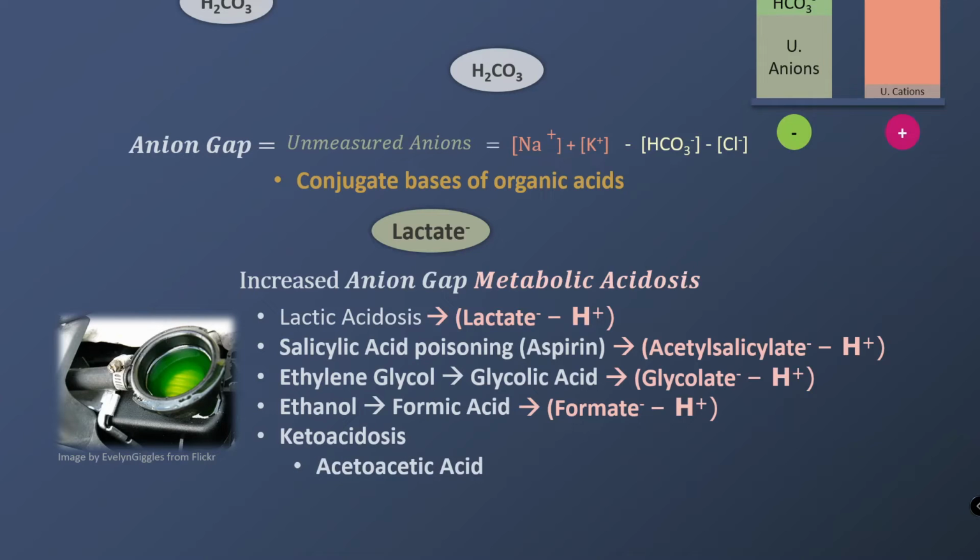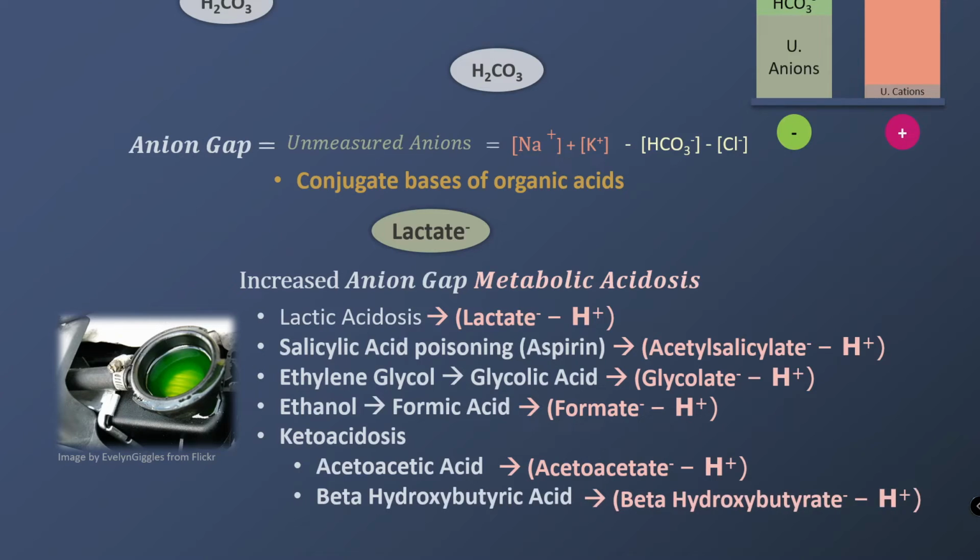So acetoacetic acid is one of the ketone bodies which will lead to acetoacetate and H positive. Acetoacetate is an unmeasured anion. Similarly, beta hydroxybutyric acid will generate beta hydroxybutyrate and proton. So ketoacidosis can be due to diabetes, that is called diabetic ketoacidosis. Also it can be due to starvation. In starvation, glucose will be very low. So starvation ketoacidosis and diabetic ketoacidosis.